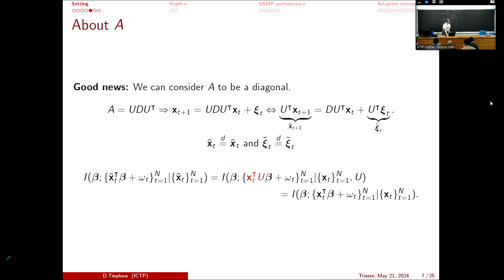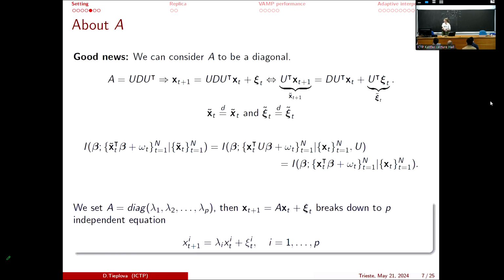The bottom line is that from this point we are assuming that A is a diagonal matrix, which is very nice because our equation that creates these vectors x becomes not one vector equation, but p independent equations. Each coordinate of x is itself a Gaussian process, independent of all other coordinates.